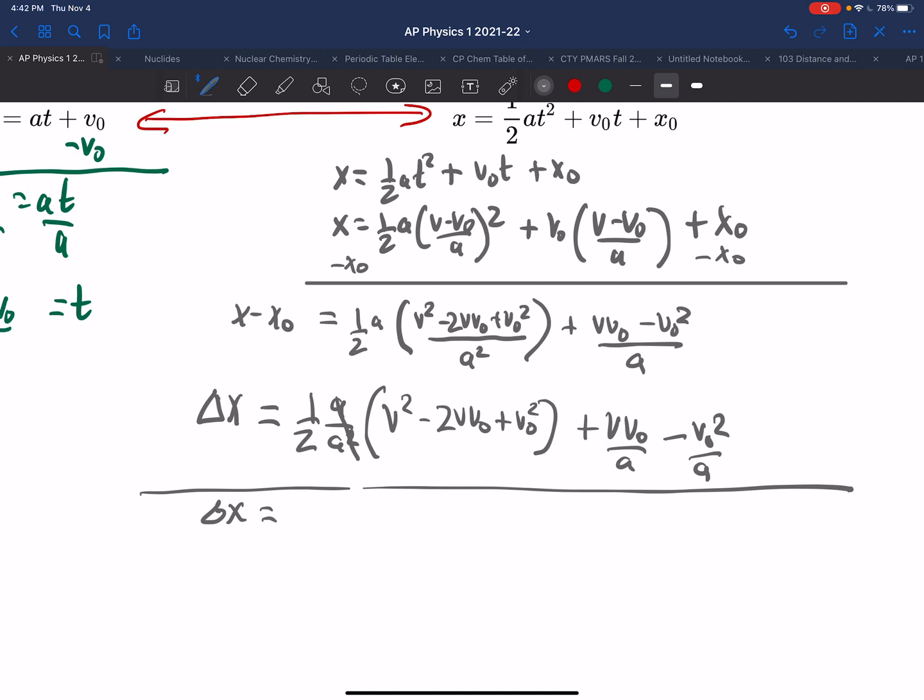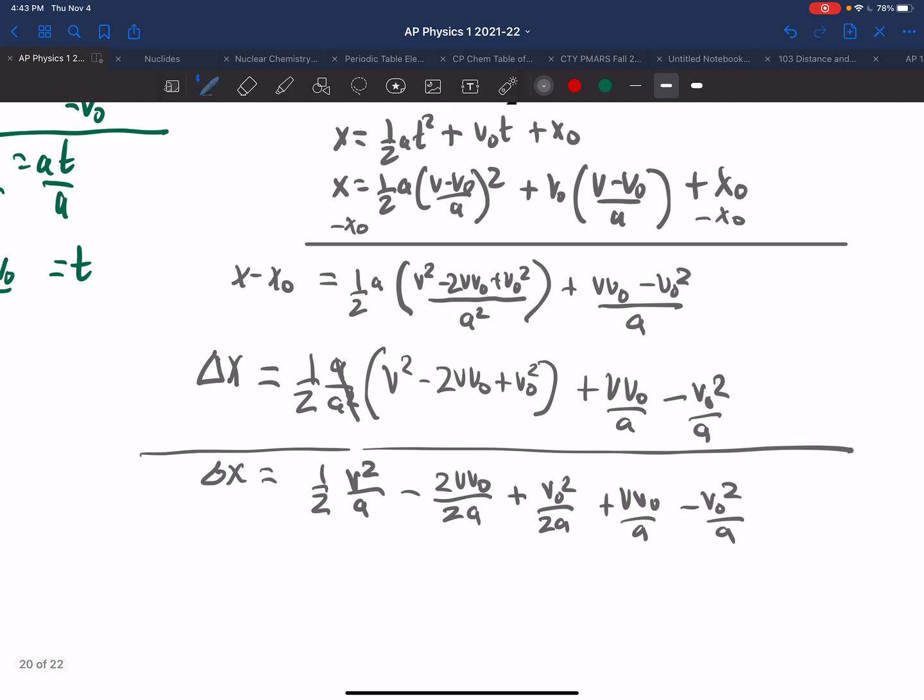So that gives us 1/2 v squared over a minus 2v v0 over 2a plus v0 squared over 2a plus v0 over a minus v0 squared over a.